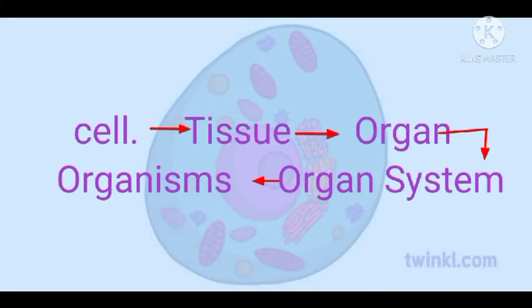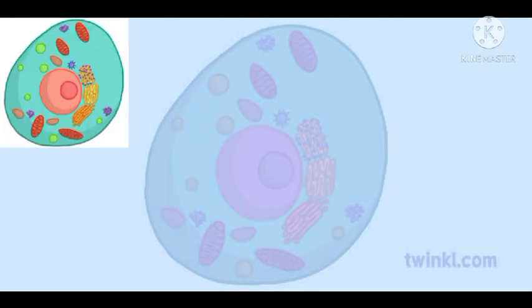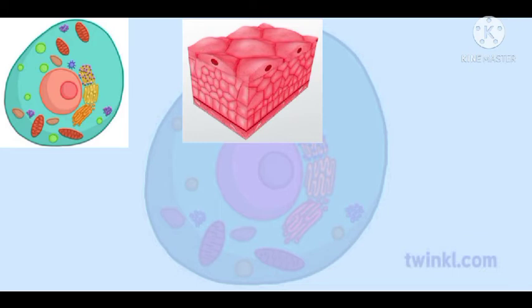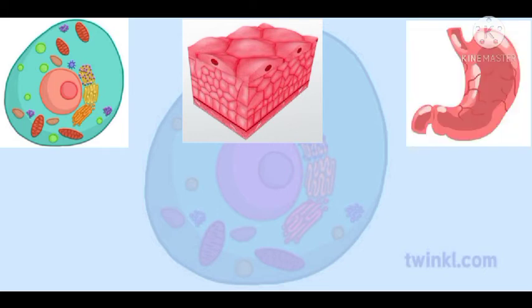The cell is the smallest part. Cells combine together to form tissue. Tissues combine to form an organ, different organs form an organ system, and these organ systems together form the organism. These cells, in their thousands, combine to form tissue, which is a group of cells, and tissues again combine to form an organ.